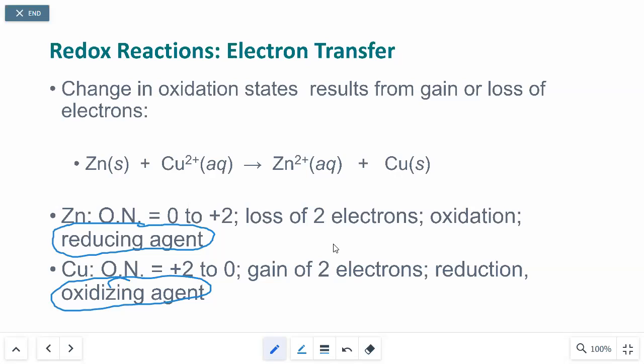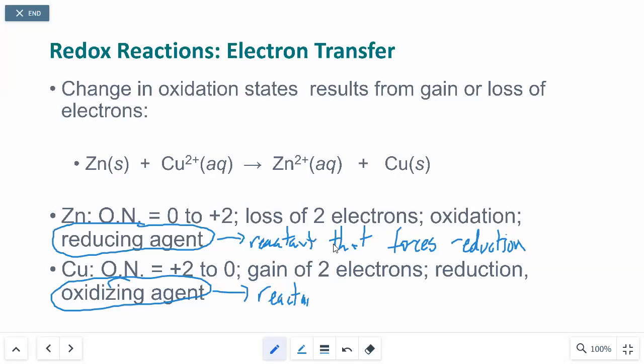So a reducing agent is a reactant that forces reduction. And an oxidizing agent is a reactant that forces oxidation.